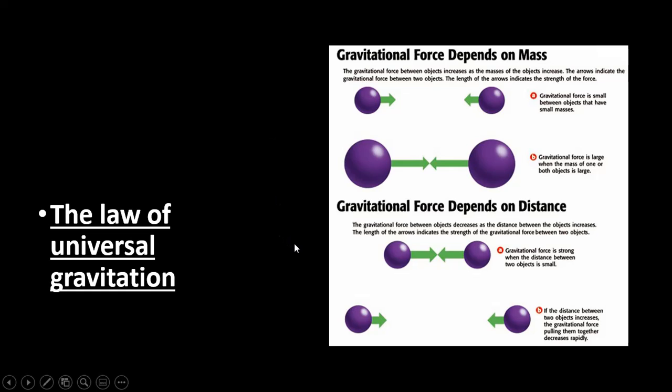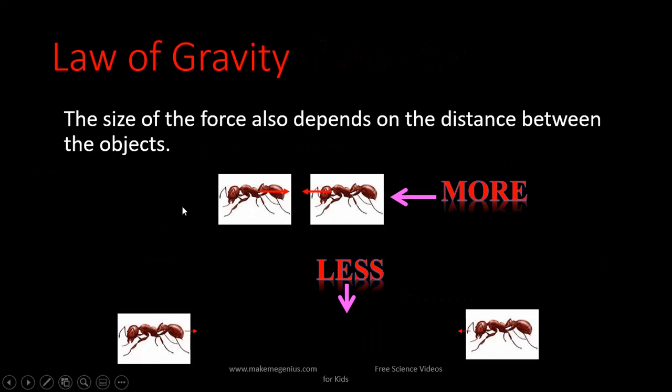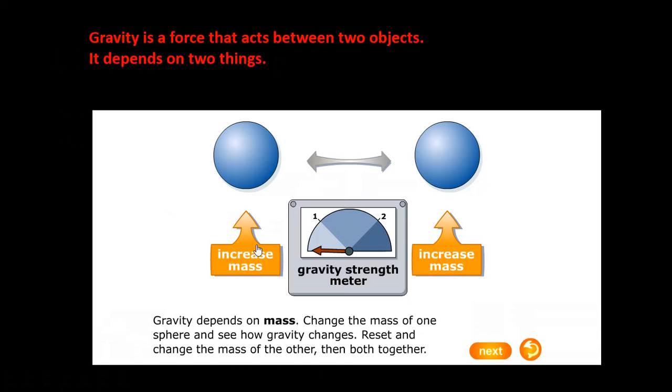One more factor that makes the gravitational force different is that the higher the distance, the lower the gravitational force. The further the objects are from each other, the less the gravitational force between them, right? So again, the bigger the mass, the more the gravitational force, and the higher the distance, the less the gravitational force.